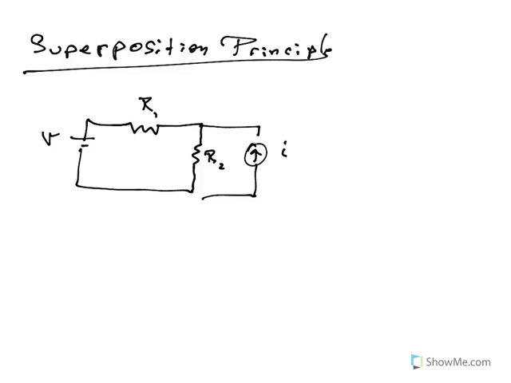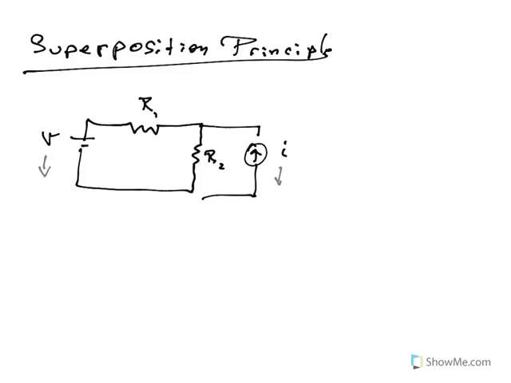Maybe I want to know the voltage on the second resistor or the current flowing through the first resistor or things like this. Well, one thing I could do is use nodal analysis or loop analysis, as I've done in the past. But this is another technique we could use, and what it says is, I have a circuit. This circuit has multiple sources. I've got a voltage source, and I've got a current source. So I've got two sources in my problem.